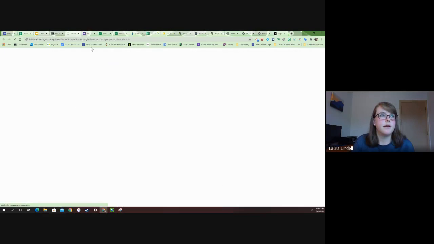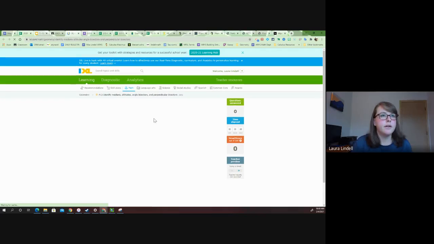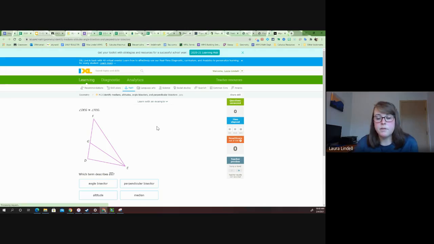Looking at IXL here, it's going to be just the same kind of problems that we did on our last 6 examples. It'll say something like angle DEG is congruent to angle FEG. Well, if these 2 angles are the same, that makes EG an angle bisector.